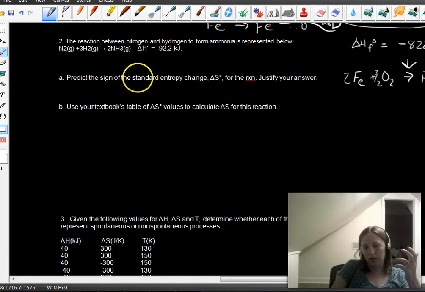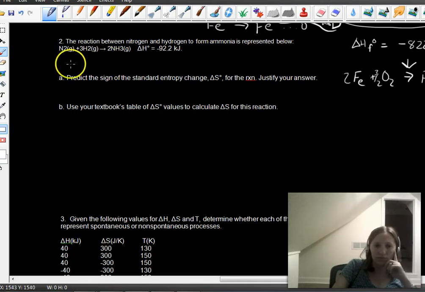If you remember, what you're looking at is basically, is there going to be more or less gas? Because gases have so many more microstates and so many more probabilities that if you've got an increase in the amount of gas, you've got more entropy, and if you've got a decrease in the amount of gas, you've got less entropy. So let's go look. We've got 1 mole of nitrogen gas and 3 moles of hydrogen gas for our reactants, so a total of 4 moles of gas on the reactant side.